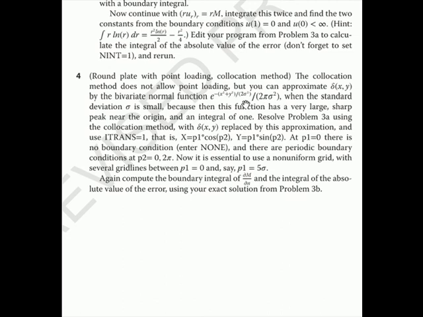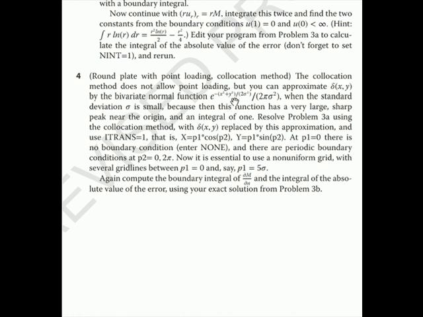This is the normal function that has a peak at 0, 0 with standard deviation of sigma, so the integral of this is known to be 1, and if you take a real small sigma, it approximates the delta function because its integral is always 1 no matter what sigma is, and it becomes infinite at 0, 0 and goes to 0 everywhere else. So you can use the collocation method, but you have to approximate the delta function.